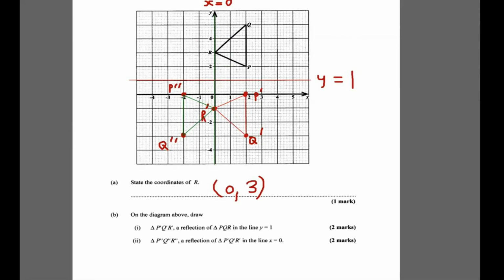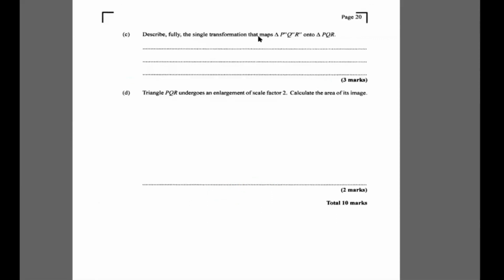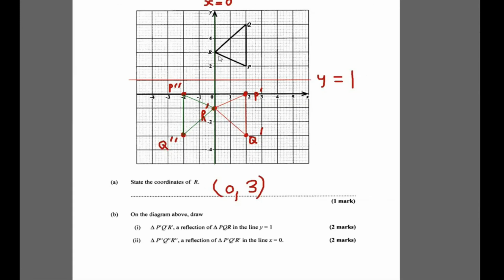Let me read this again. Describe fully the single transformation that maps the image triangle back onto PQR. So what's mapping this onto this? Now to do this, I love to identify my points.